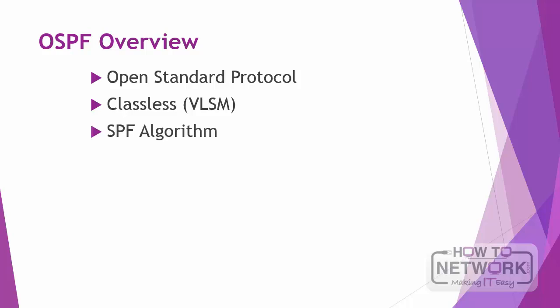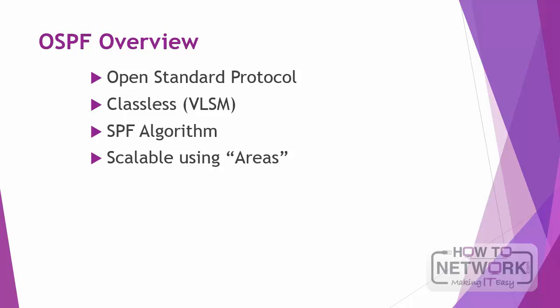Similar to EIGRP, which uses DUAL, OSPF uses the SPF algorithm to select loop-free paths throughout the topology. OSPF is designed to be very scalable because it's a hierarchical routing protocol, using the concept of areas to split the topology into smaller sections. So it is a very popular protocol in today's enterprise networks because it can scale so well.